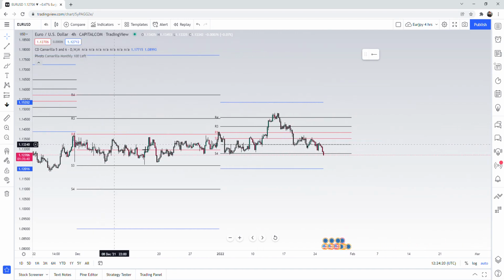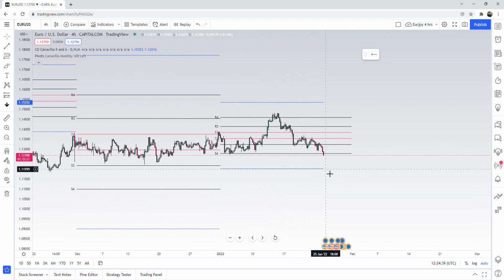Now this current, ongoing month, we had a false breakout above the floor, and now we have a breakout to below S4. There was a lot of ranging, a lot of congestion the last 2 months.